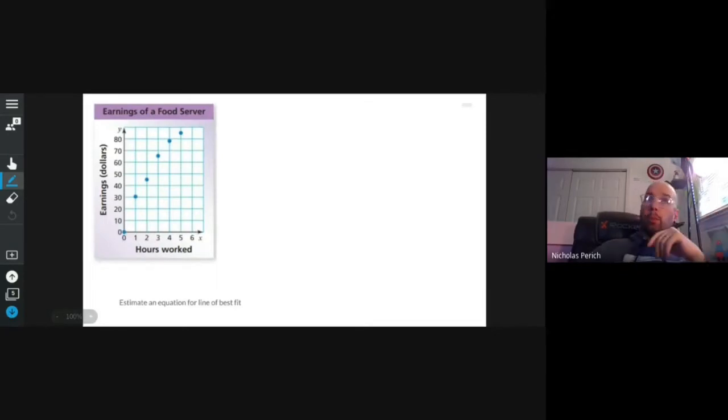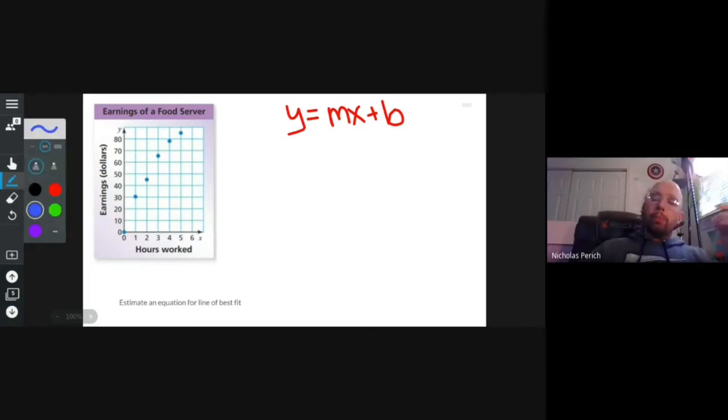Now this is different. Estimate an equation for the line of best fit. So this is where we're going to have to remember what we're talking about. An equation of a line looks like y equals mx plus b. Now we've done this 1,000 times.